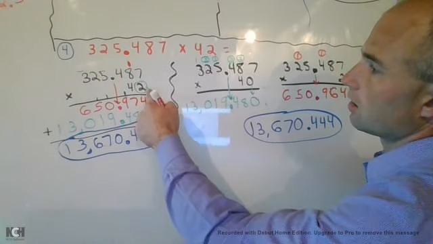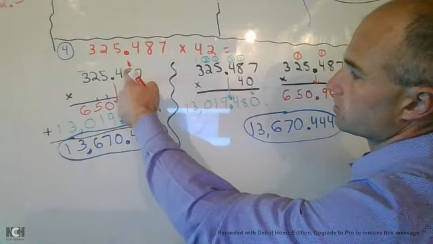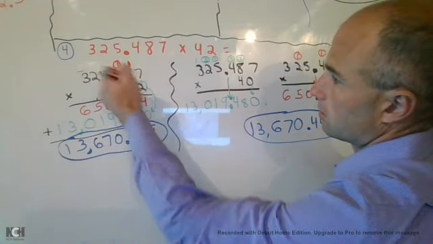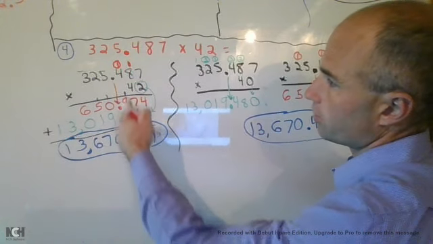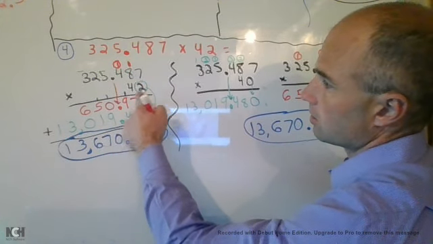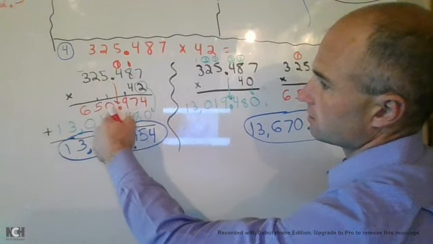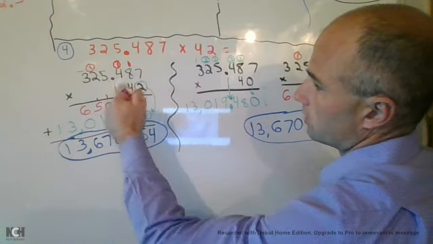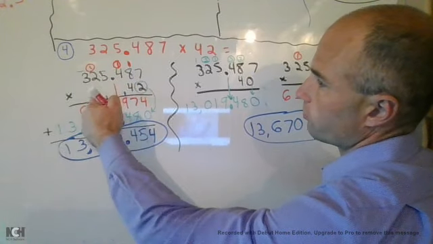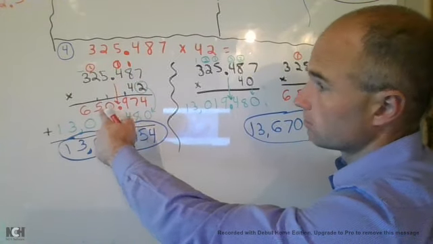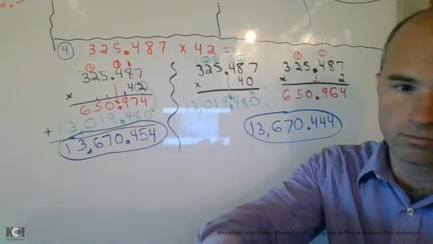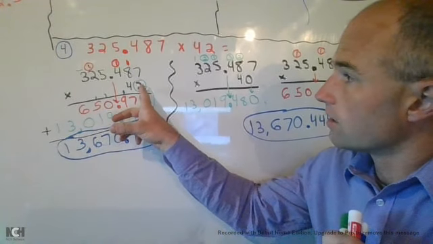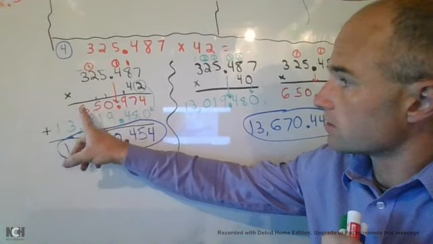Then 2 times 8 equals 16 plus 7 gives me 17. 2 times 4 equals 8 plus 1 equals 9. 2 times 5 equals 10. Got that 10 there. Carried that 1. 2 times 2 equals 4 plus 1 equals 5. Sorry about that. And then 2 times 3 equals 6.